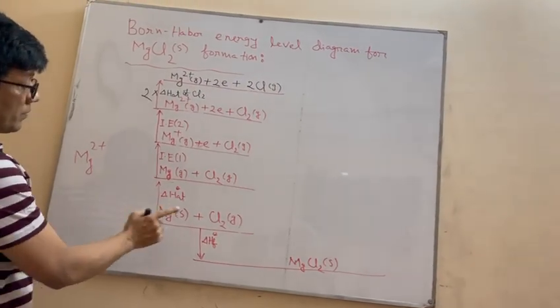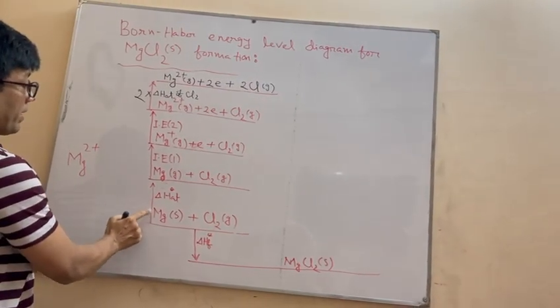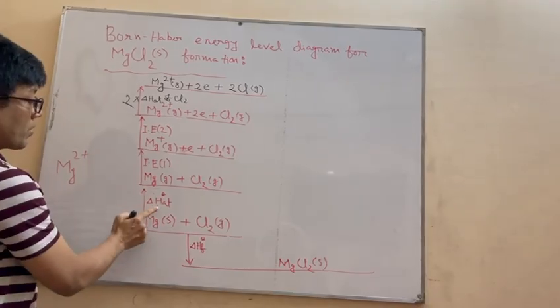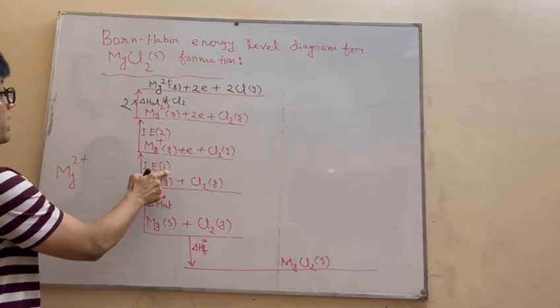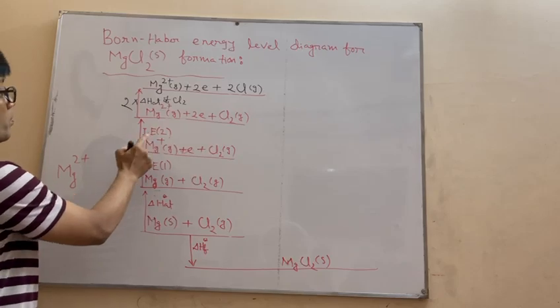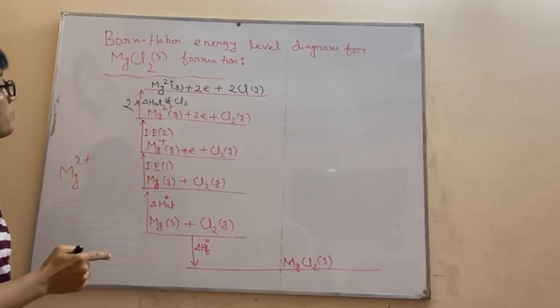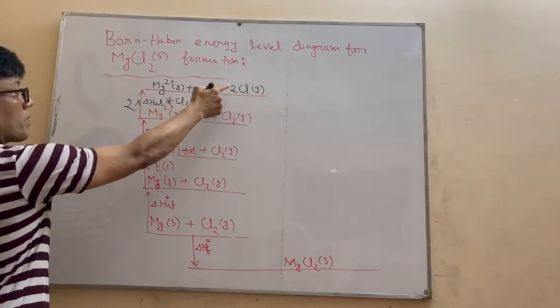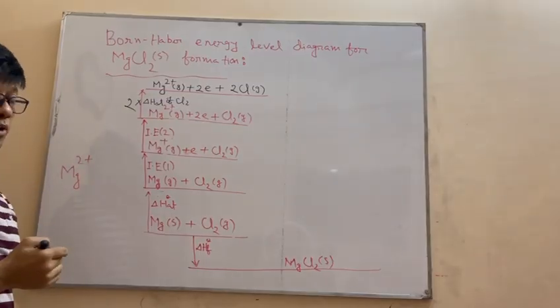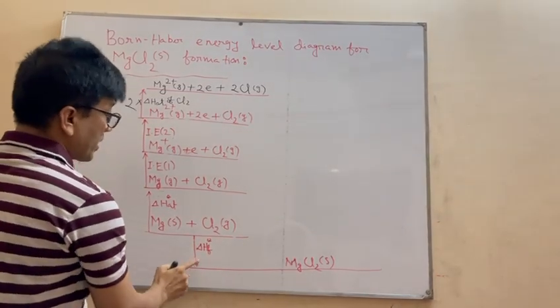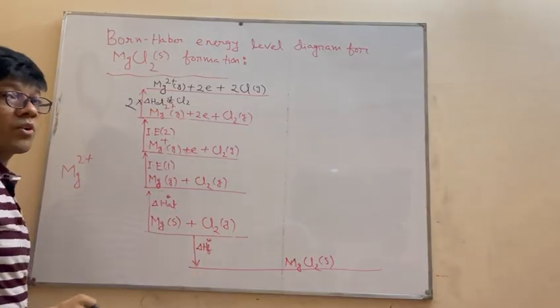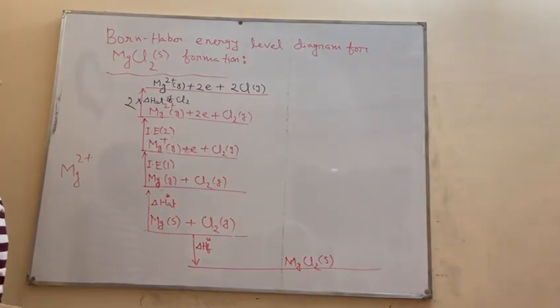So you see enthalpy of atomization of magnesium, ionization energy 1 means first ionization of magnesium, ionization energy 2 means second ionization of magnesium, and atomization of chlorine all are endothermic, upward arrow, and enthalpy of formation is downward arrow, means exothermic reaction.